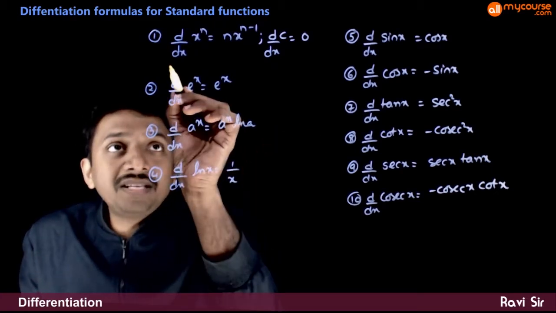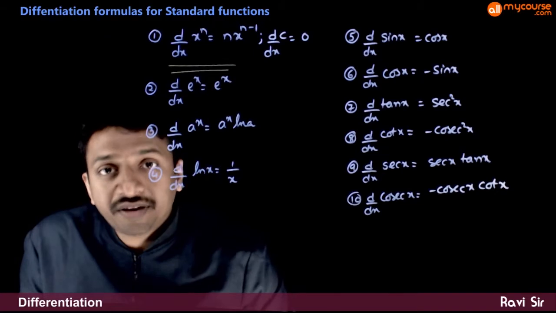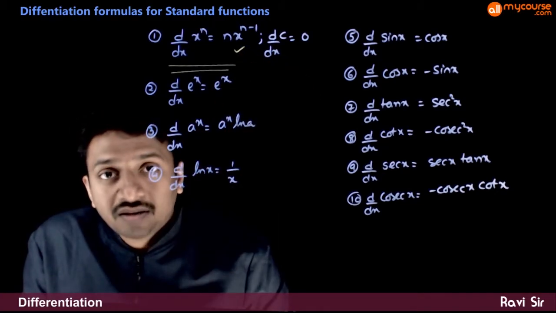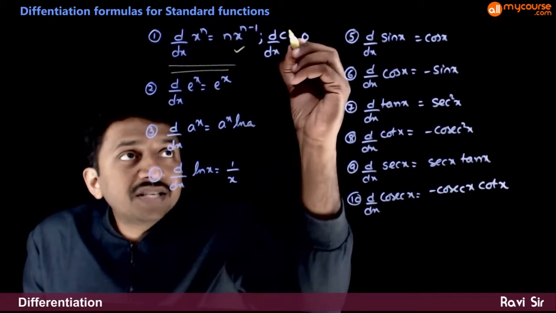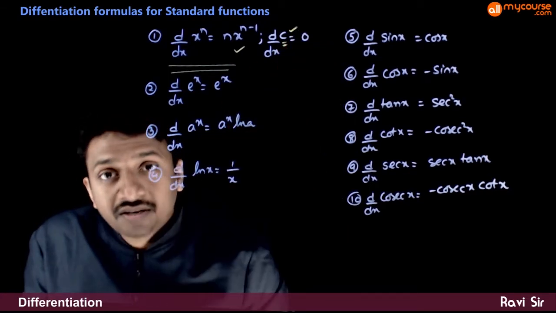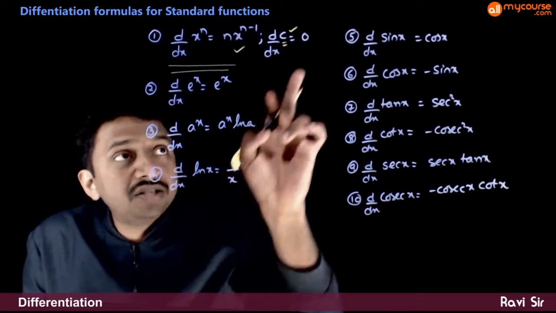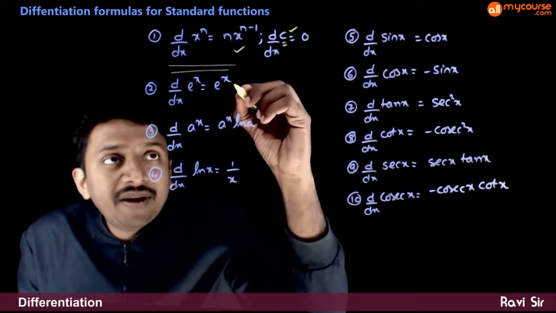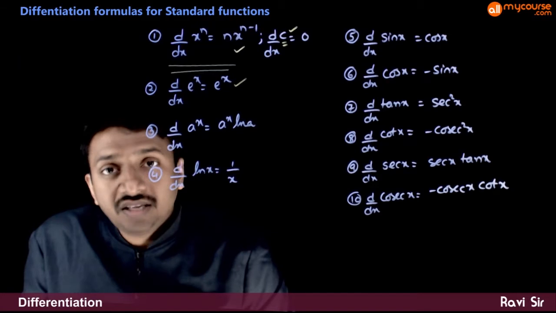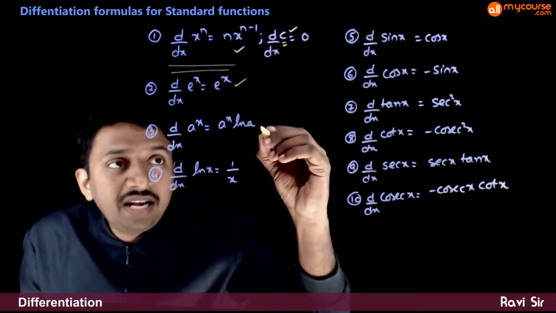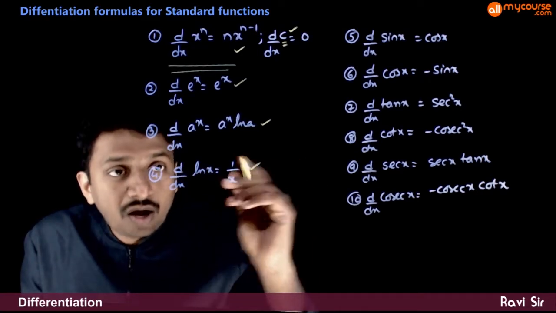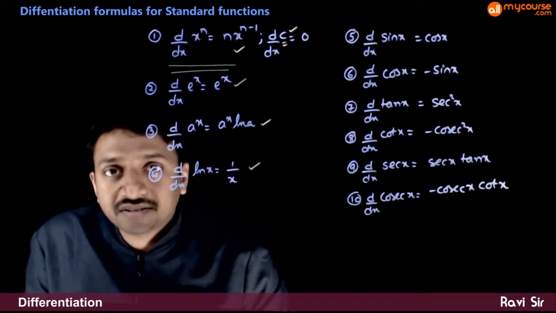The first formula is d by dx of x power n is equal to n times x power n minus 1. And d by dx of a constant, the differentiation of a constant is always equal to 0. And d by dx of e to the power x is equal to e power x. D by dx of a power x is a power x ln a. And d by dx of ln x is 1 by x.